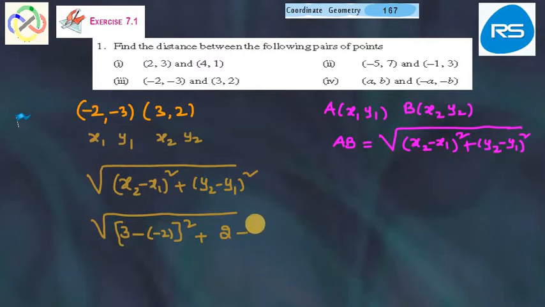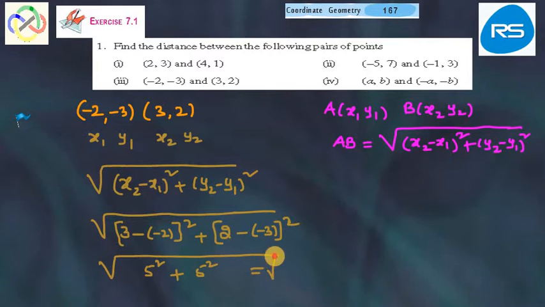How to write negative 3? In brackets, whole square. This is very important; if not, you will arrive at a different answer. Further simplification: minus of minus is plus, so 3 plus 2, 5 square, plus 2 plus 3, again 5 square.